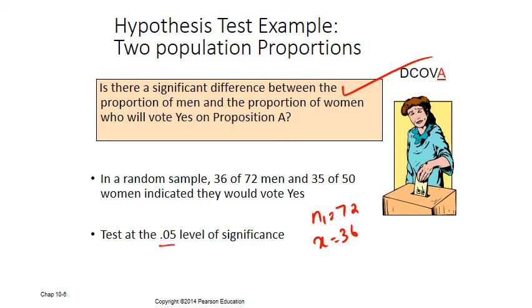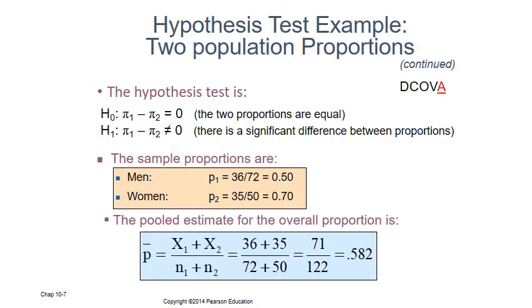At the 0.05 level of significance, is there a significant difference between the proportion of men and the proportion of women who will vote yes on proposition A? So we say that proportion 1 equals proportion 2, that is H naught, and H1 says that they are not equal.